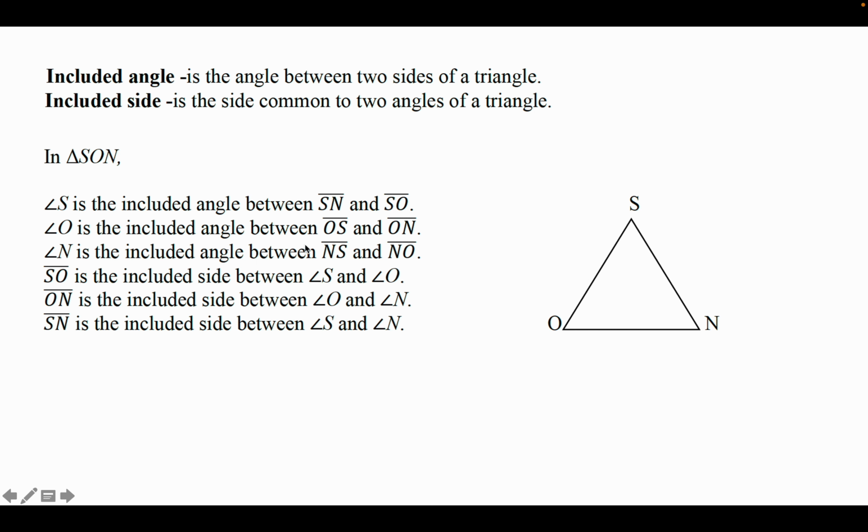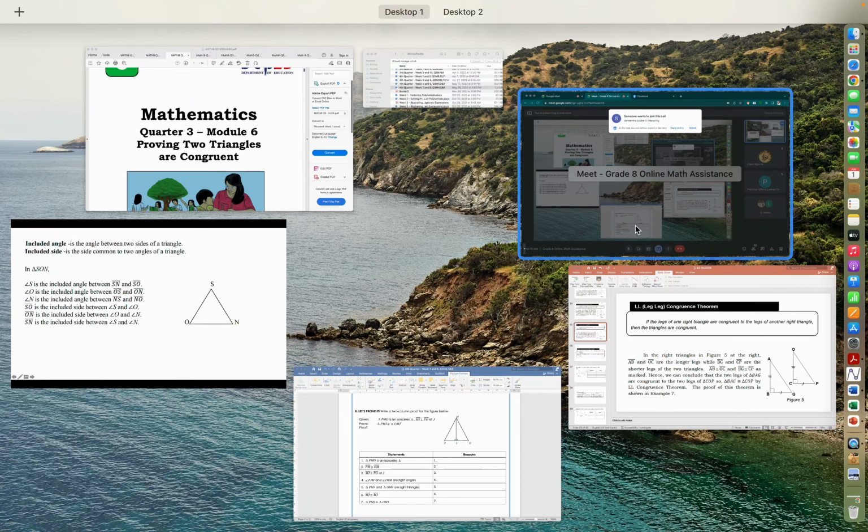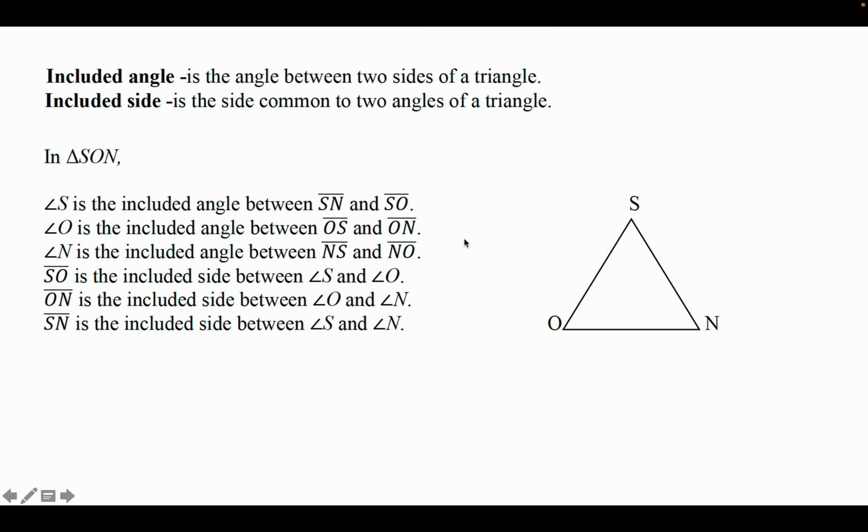So let's have here this one. We have here triangle SON. So angle S here is the included angle between line segment SN and line segment SO. Again, angle S here. Tignan niyo yung pointer doon sa screen niyo. We have angle S here.